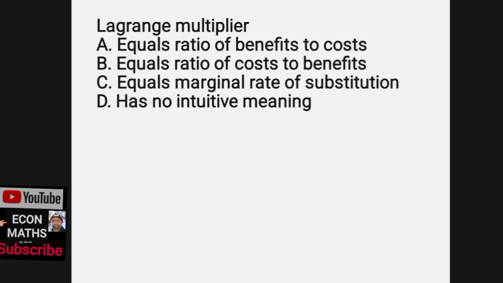Next question is, Lagrange's multiplier. The options are: equals ratio of benefits to costs; equals ratio of costs to benefits; equals marginal rate of substitution; and has no intuitive meaning. I guess the correct option is the D one. Why?